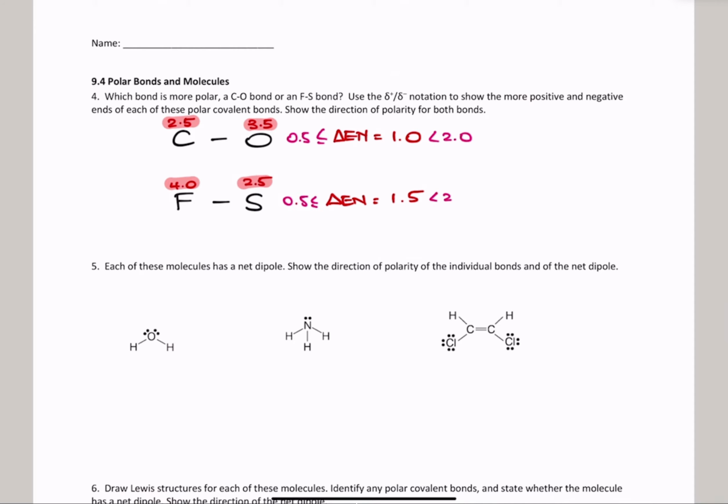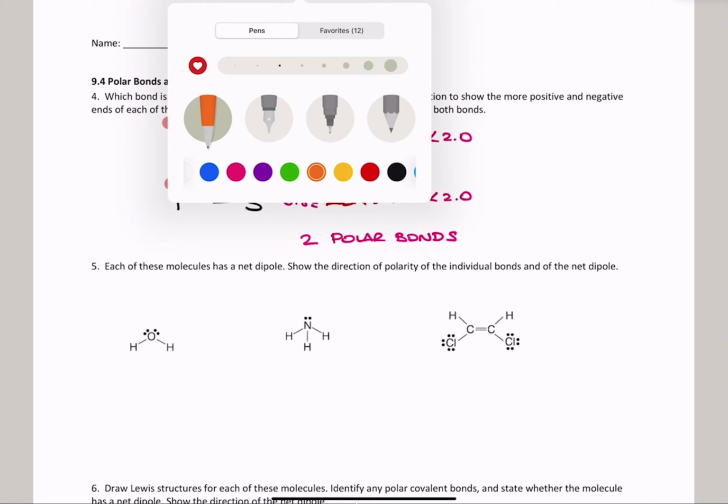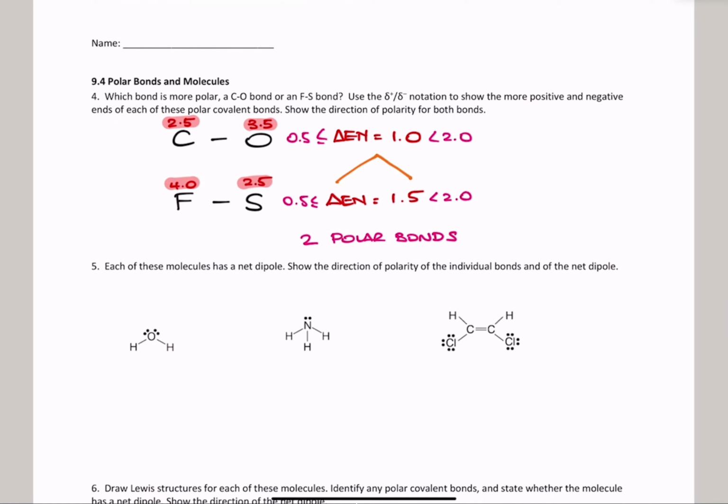So we are in the presence of two polar bonds. But because the delta EN of FS is greater than the delta EN of CO, this bond here is more polar.